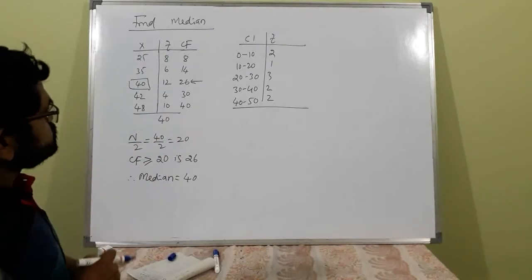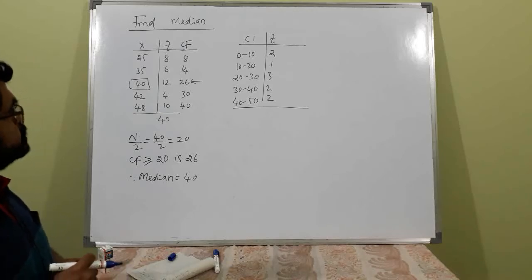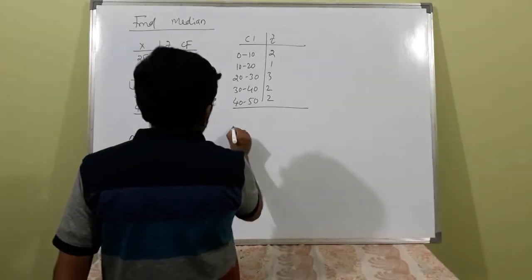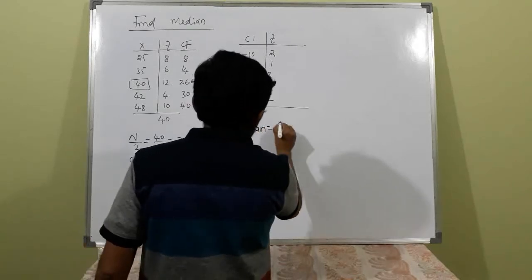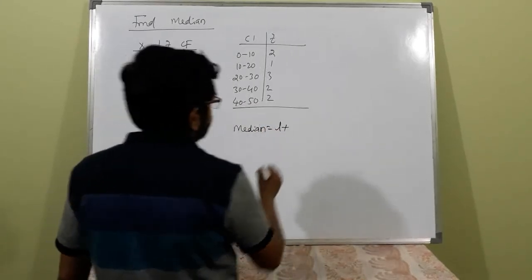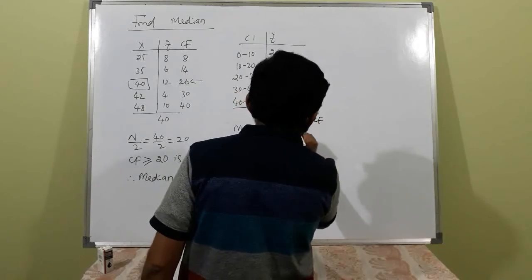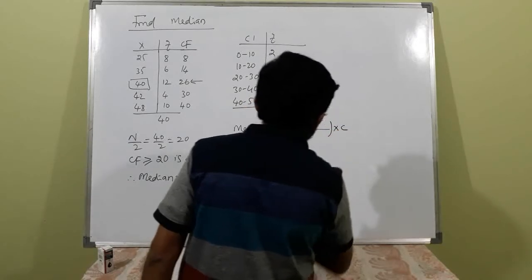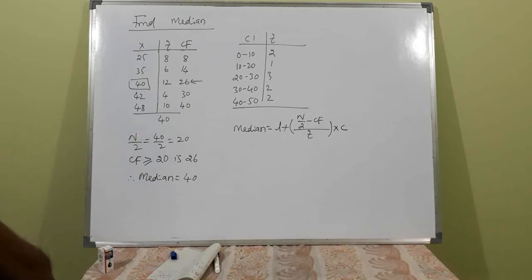How to find the median in the continuous case? There is a formula: median is equal to L plus n by 2 minus cumulative frequency divided by frequency, into C. I hope you studied this, but notations may be different, the meaning is the same.